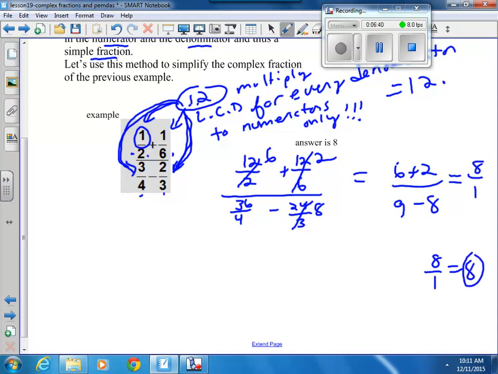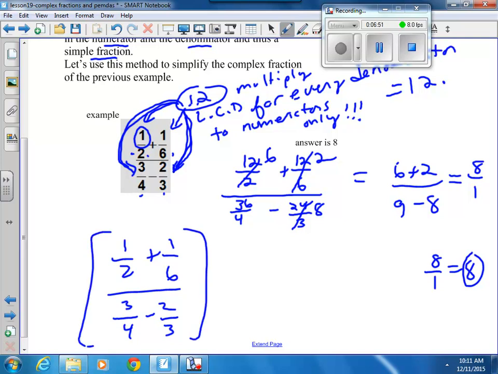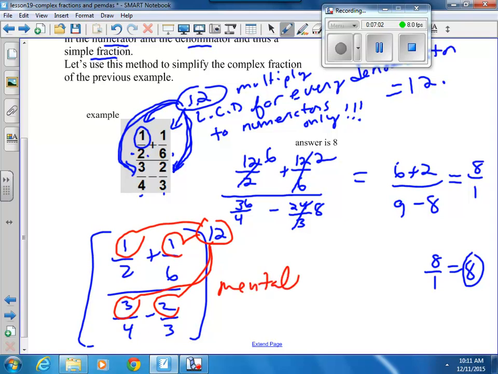And just think about it like this. I'm going to rewrite the problem. If you take that common denominator through, I just draw giant brackets around it, take the LCD, and send it through to the numerators only via multiplication. If you do it in your head, what I'm saying is practice it mentally.